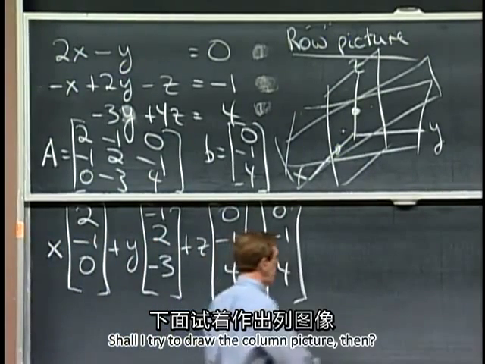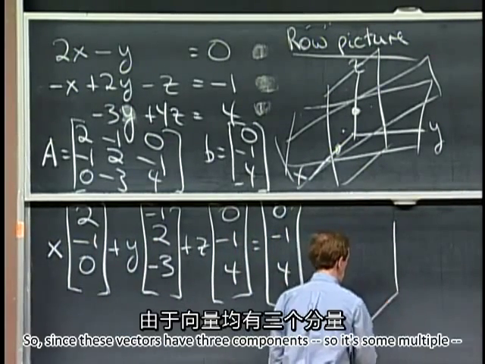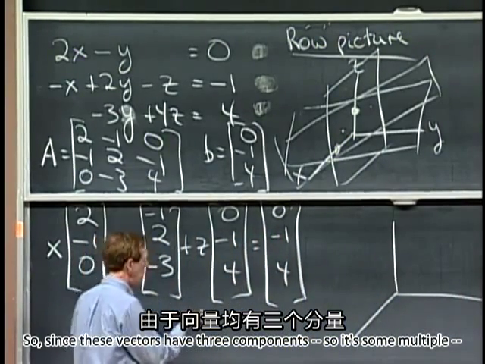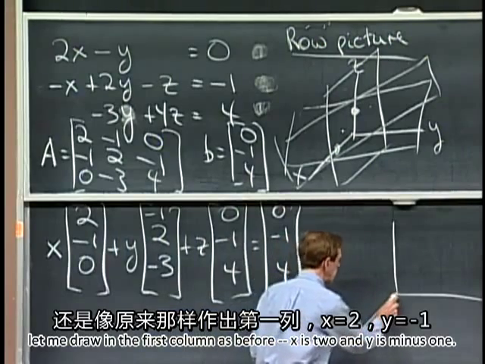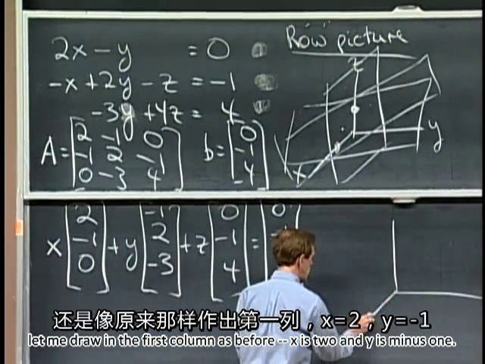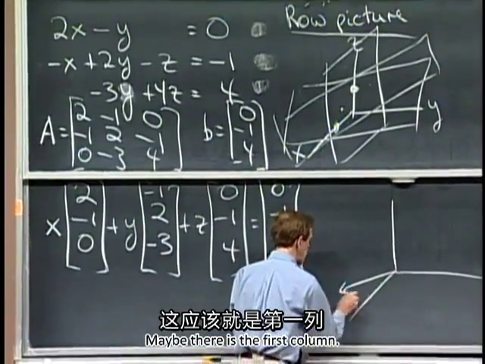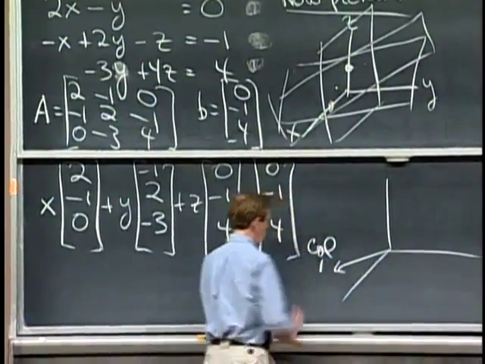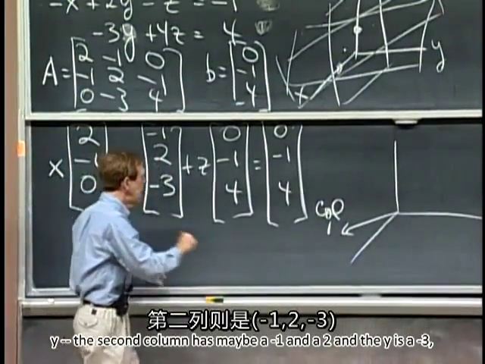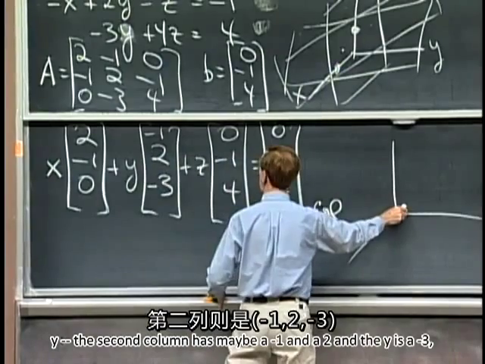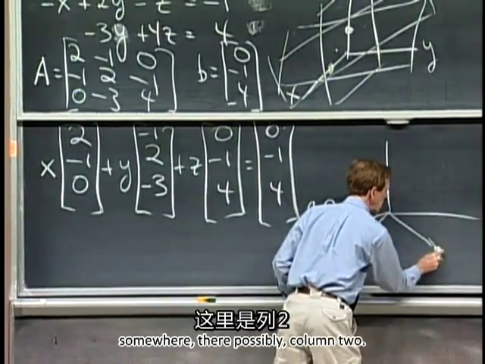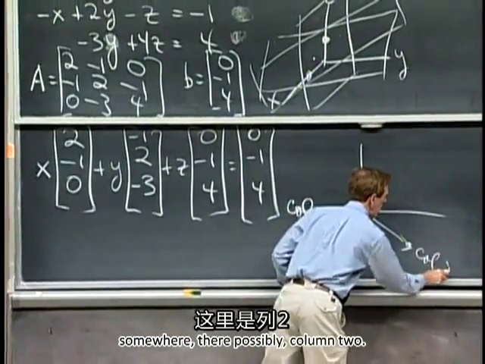Shall I try to draw the column picture then? Since these vectors have 3 components, let me draw in the first column as before. So x is 2 and y is minus 1. Maybe there's the first column. The second column has maybe a minus 1 and a 2 in the y's and minus 3 somewhere there, possibly, column 2.